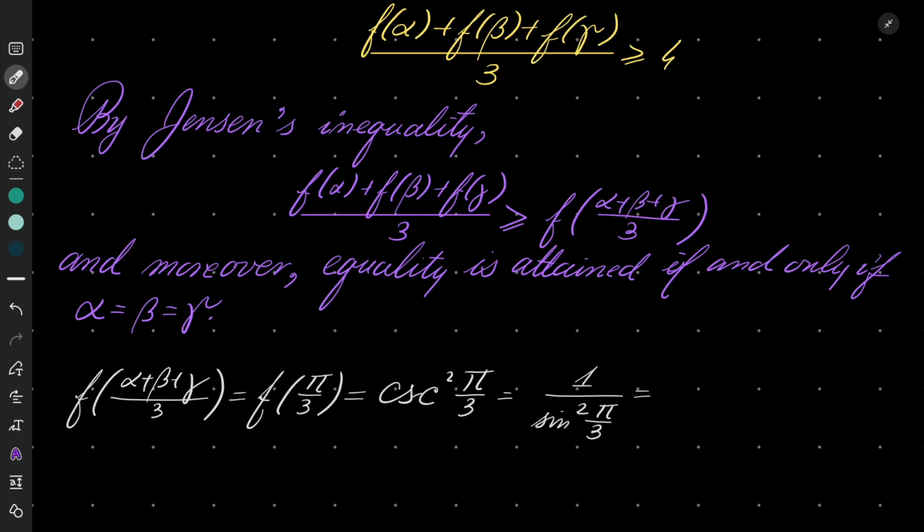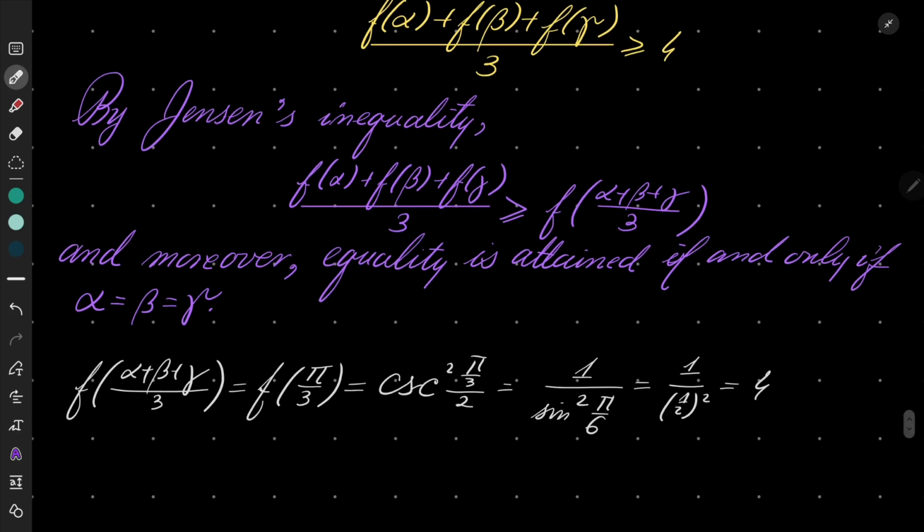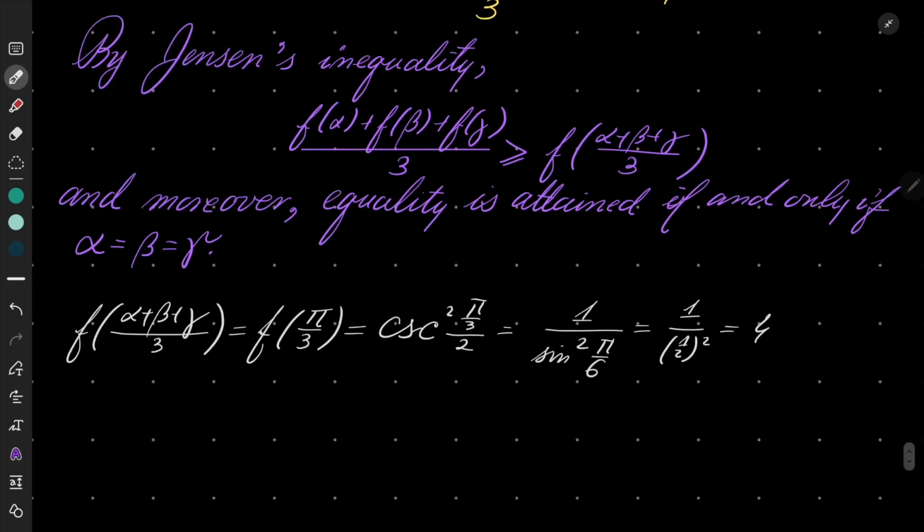Sorry, my bad, it's pi over 3, but also divided by 2, so it's sine of pi over 6. Sine of pi over 6 is 1/2. So it's 1 over 1/2 squared, it's 4. So that concludes our proof, to be honest.